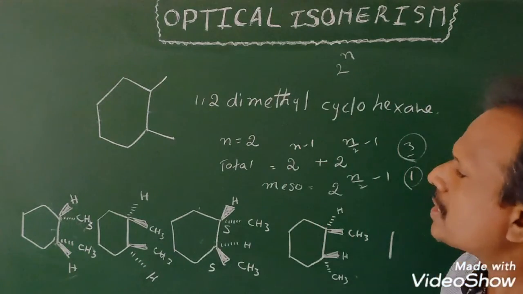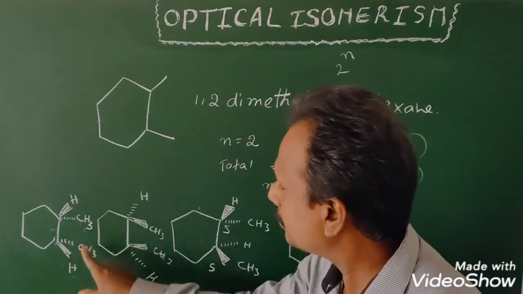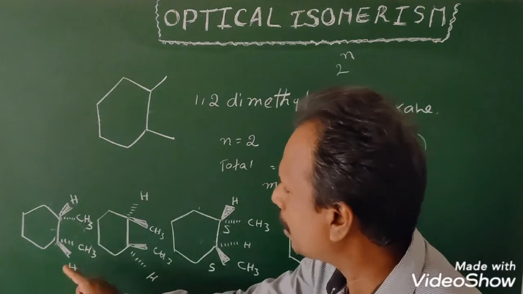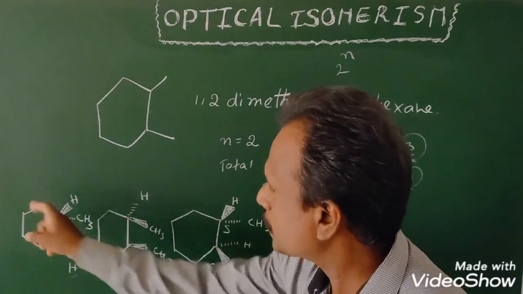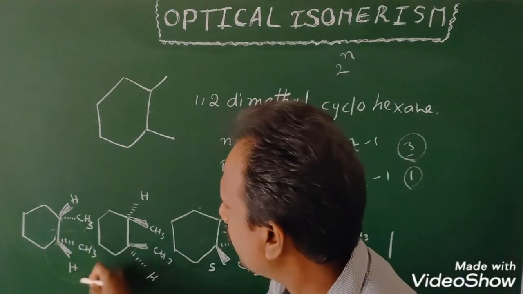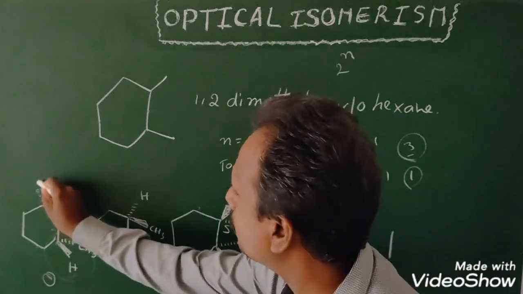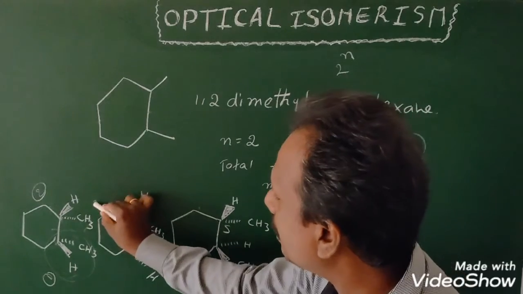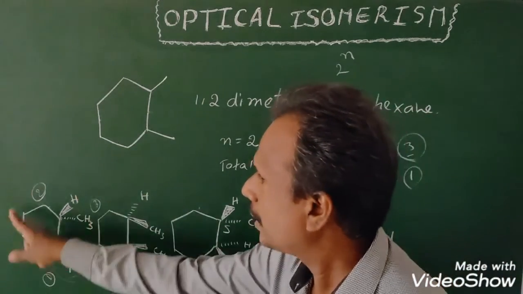So among the 4 groups, it is the first group. Priority will be given to this group. Second is this group. Priority will be given to this group. So it is 1. It is 2. Third group is methyl. 1, 2, 3. They are in clockwise.